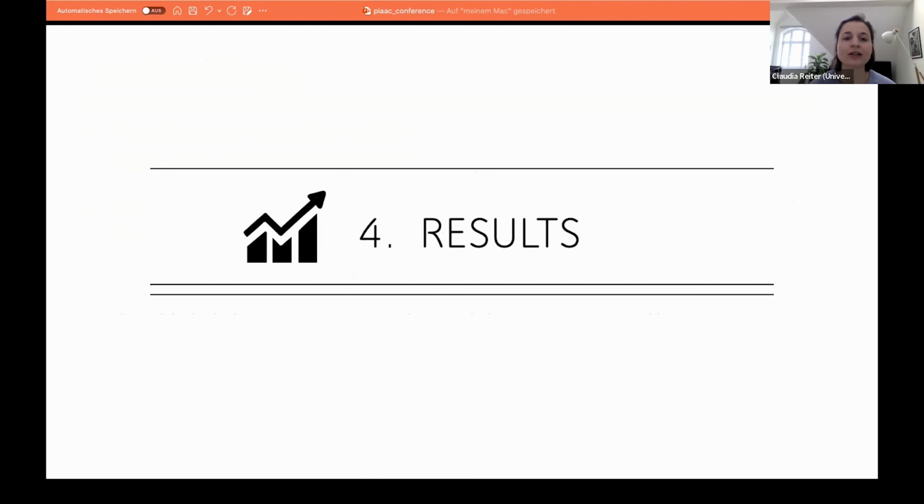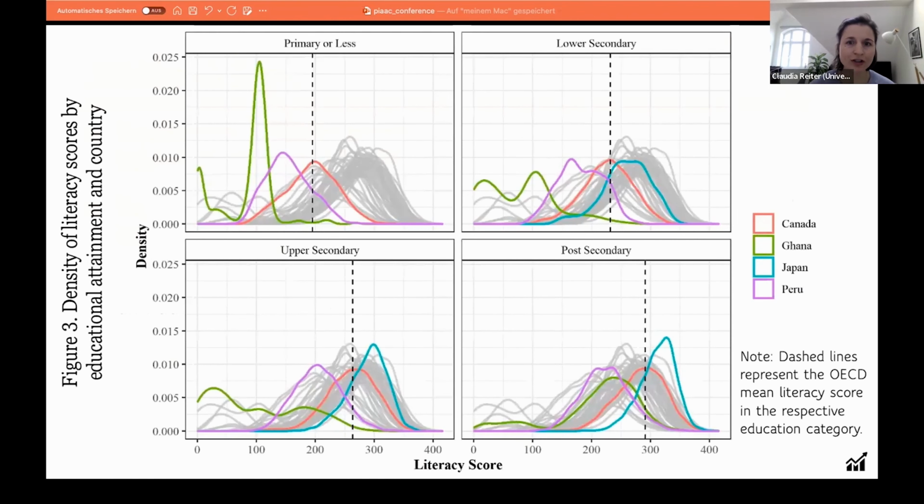Okay, let's come to some results. What you can see here is the density of literacy scores by educational attainment and country. Each of the 4 graphs represents one of the educational attainment categories, and then each of the lines represents one country. And I have highlighted 4 countries just to show you the diversity and heterogeneity in literacy skills.